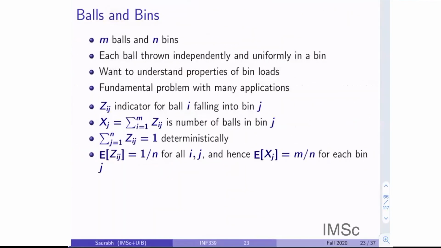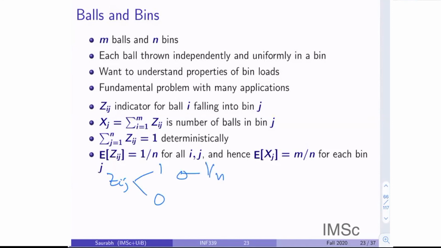And what is the expectation of Zij? It is equal to 1 by n, right? Because we were uniformly at random choosing the bin and putting that ball. So Zij is an indicator random variable which takes 1 and 0, and it takes 1 with probability 1 over n.